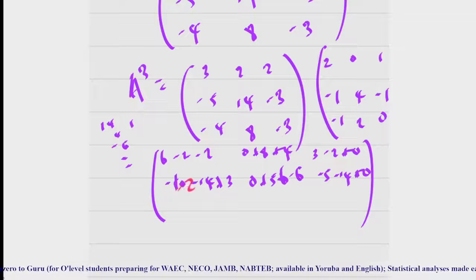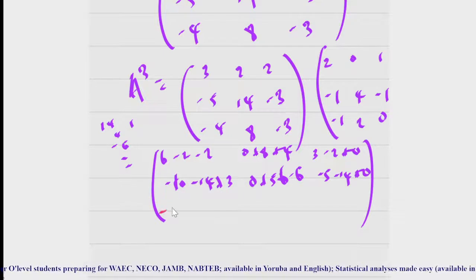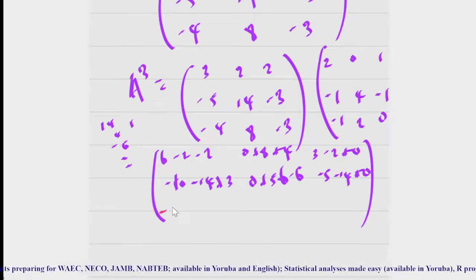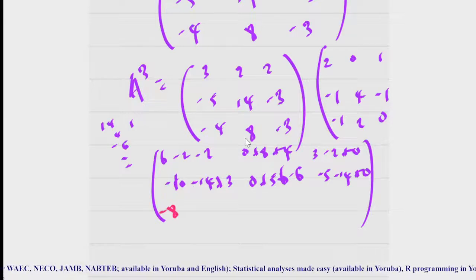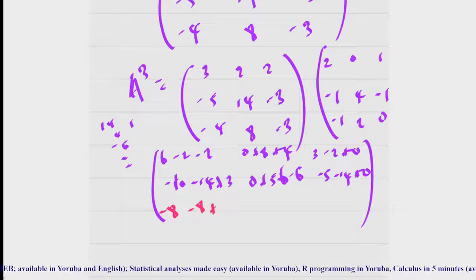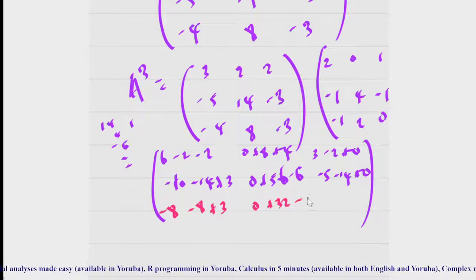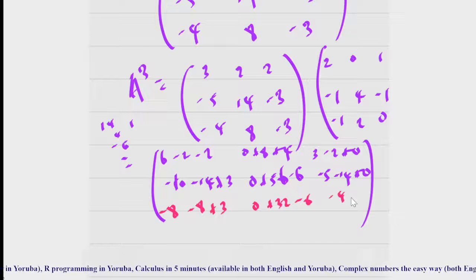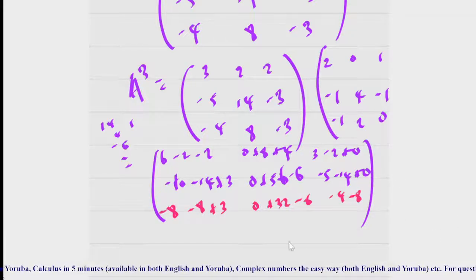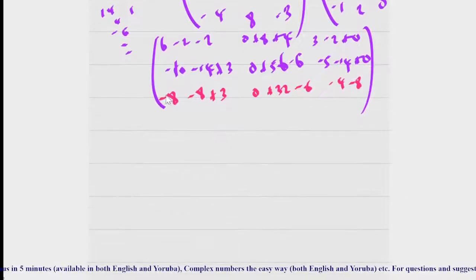So please, you have to be careful so that we don't make a mistake. Unfortunately, I don't know whether I've made a mistake here or not. So minus 8 plus 3, 0 plus 32 minus 6 minus 4 minus 8, 0. Okay, let's do it.